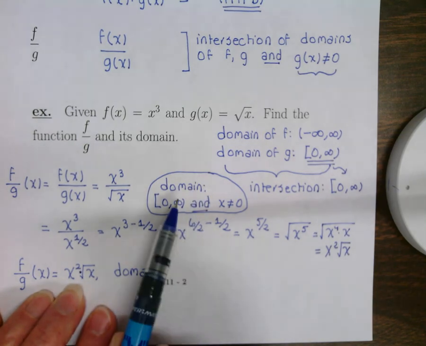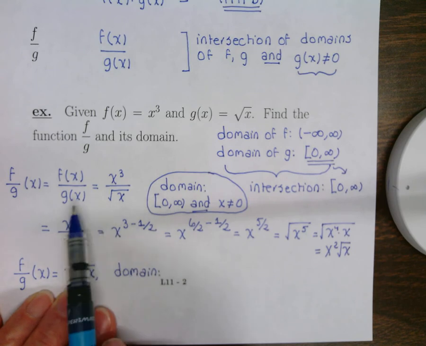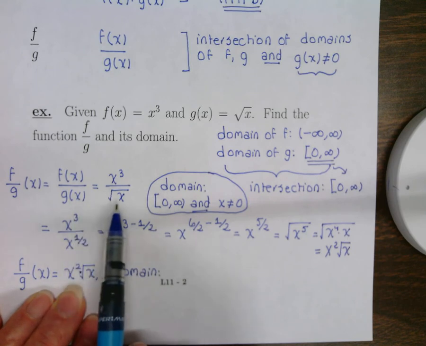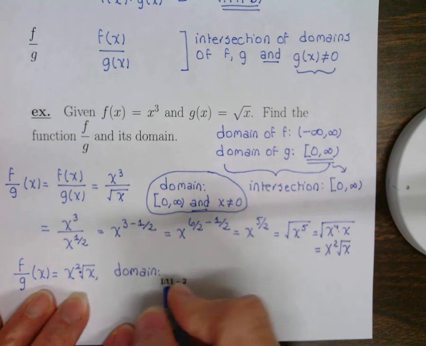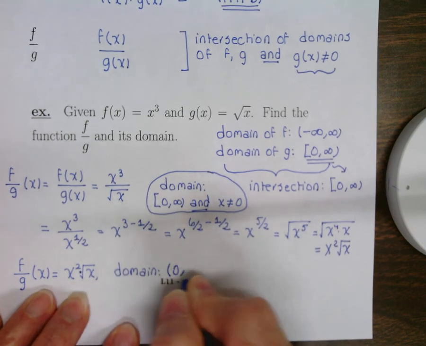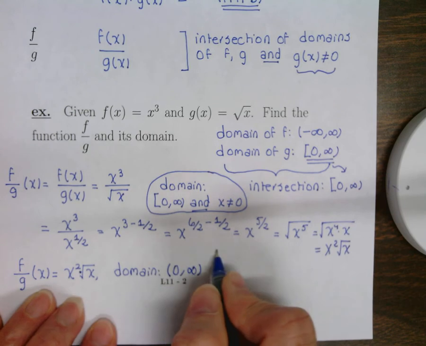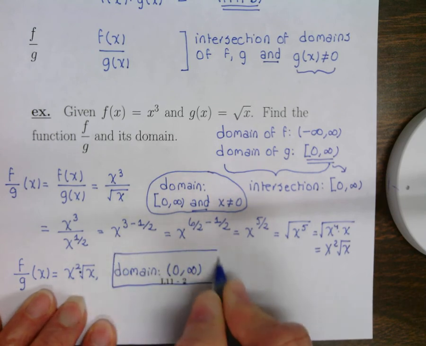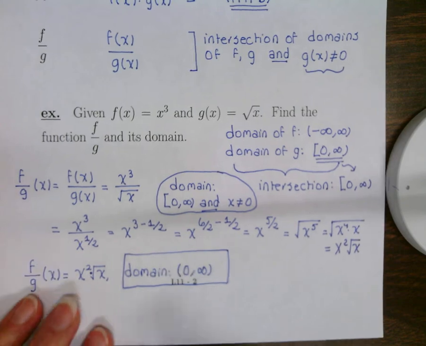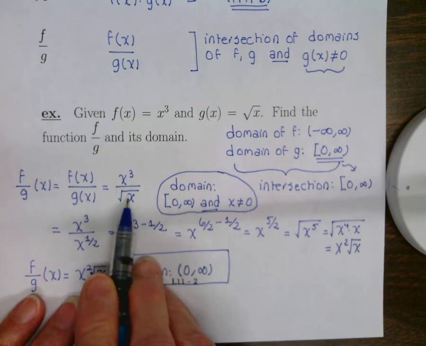But look at the beginning. We had to exclude g being 0 because it's in the denominator. So the domain is really 0 to infinity, not including 0. Okay, because it was excluded at this step.